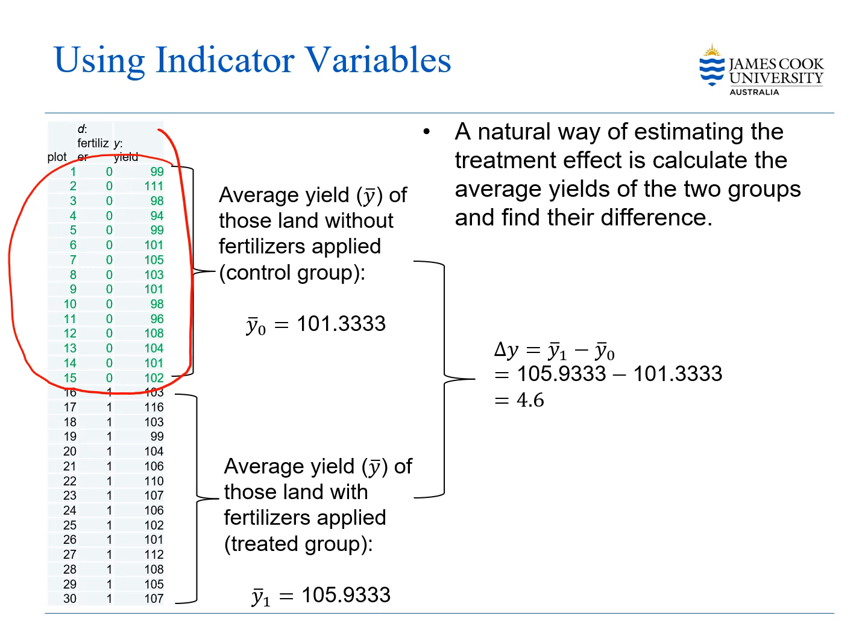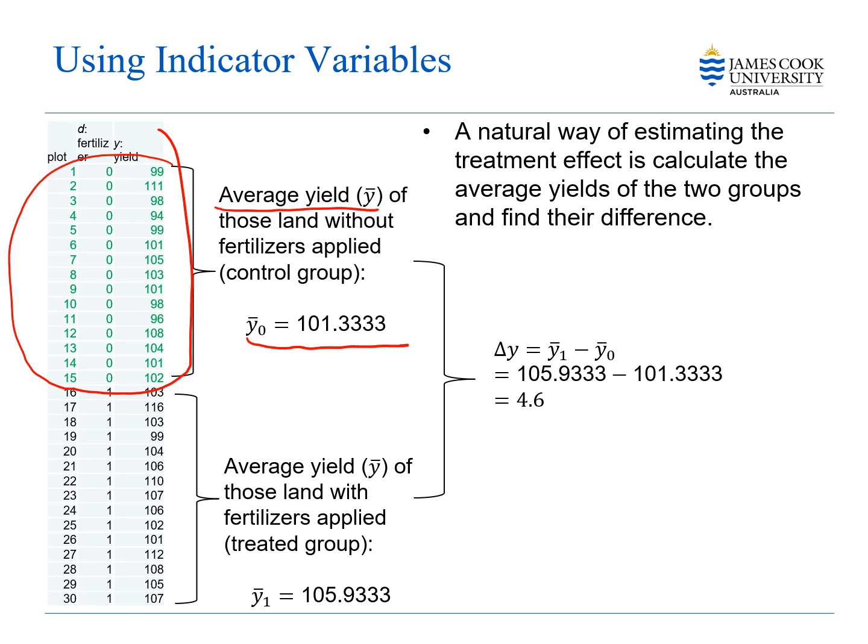They do not have fertilizer applied. So let's calculate the average yield. We add all the yields up, 99 plus 111 plus 98, and so on, divided by 15. So we get 101.33 kilograms, the average yield of those plots without fertilizer applied.